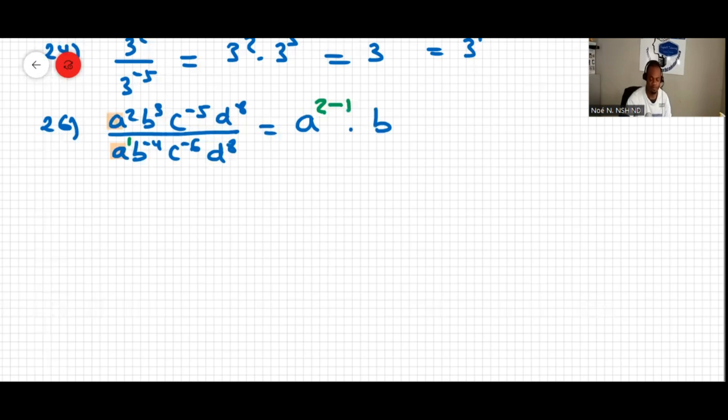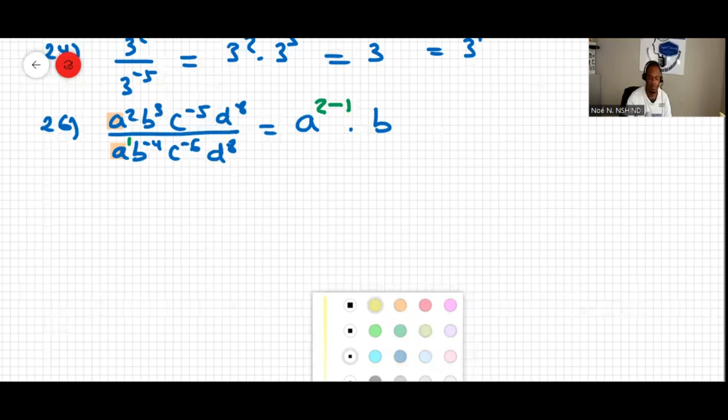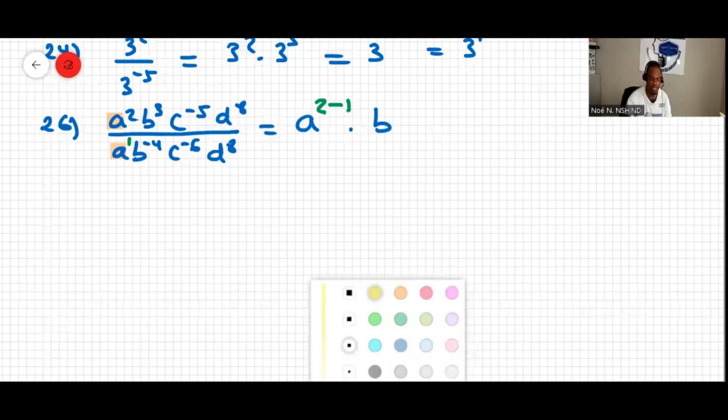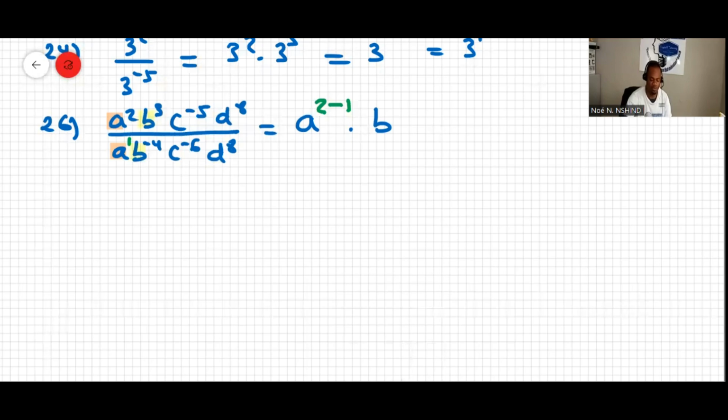For b, the exponent will be 3 minus -4. We subtract the exponent of the denominator from the exponent of the numerator.